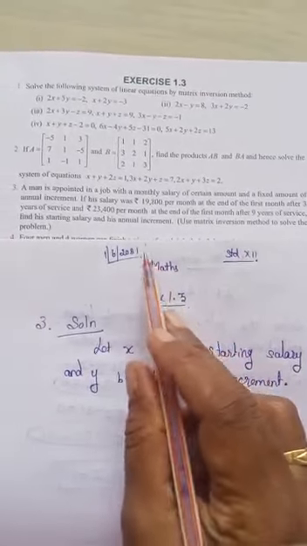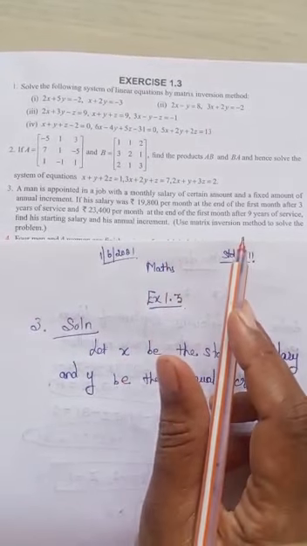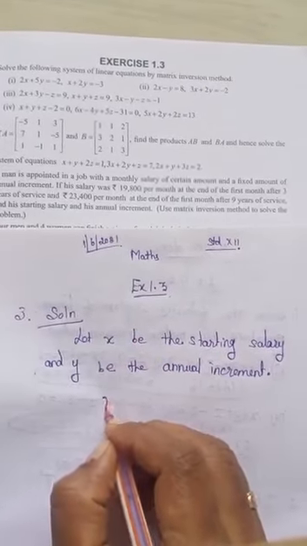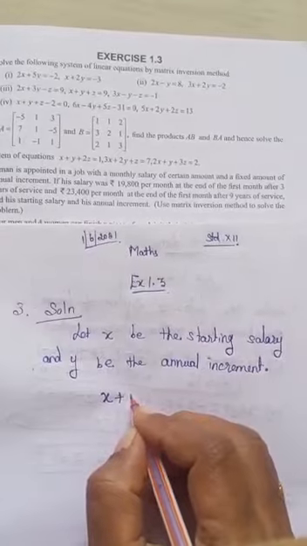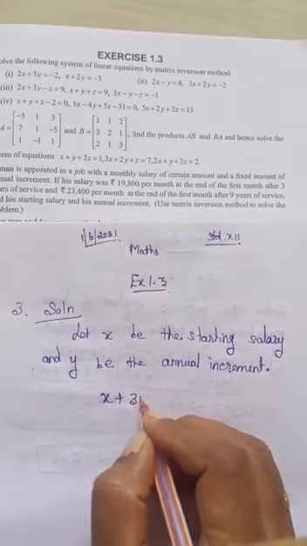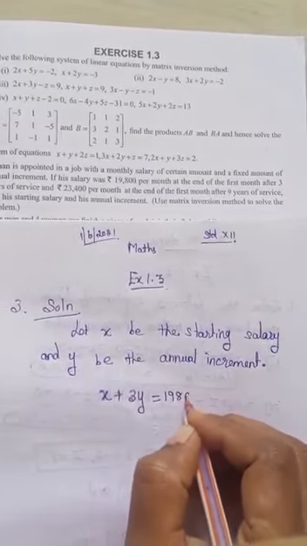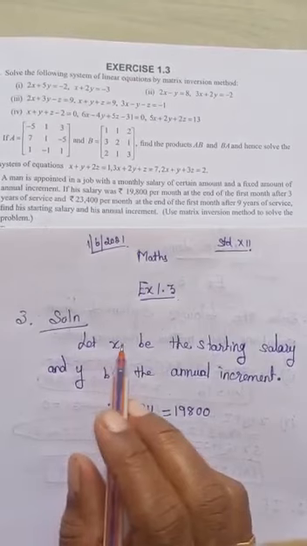The first was given, rupees 19,800 at the end of the first month after 3 years. So, with his salary X plus 3 years completed, so 3 annual increments, 3Y is equal to 19,800.